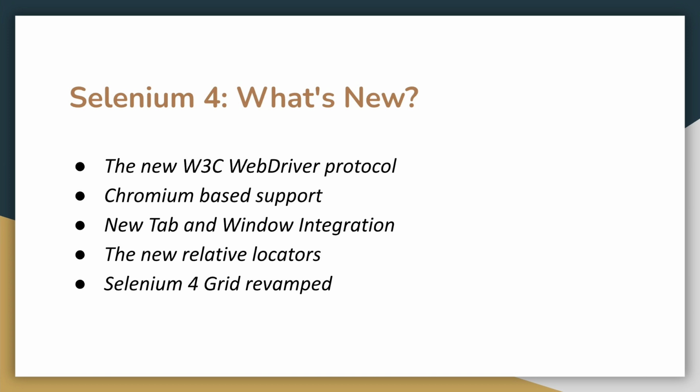We were also doing this hub and node connection in Selenium 3 as well. The same is here in Selenium 4, but with some enhanced features and a fully distributed system where you can set up a session map on a different machine, and the features are also enhanced to support Docker as well.